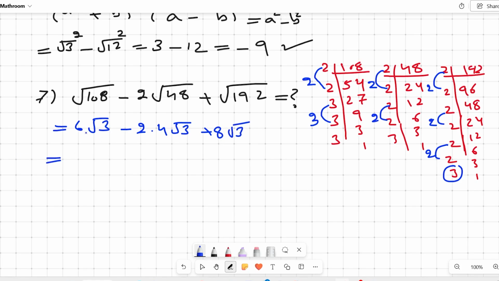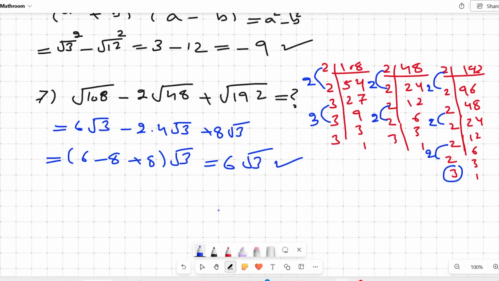So equal to 6, 2 times 4 is equal to 8, plus 8 square root of 3. So plus 8 minus 8 cancel each other. Only 6 remains here. 6 times square root of 3.